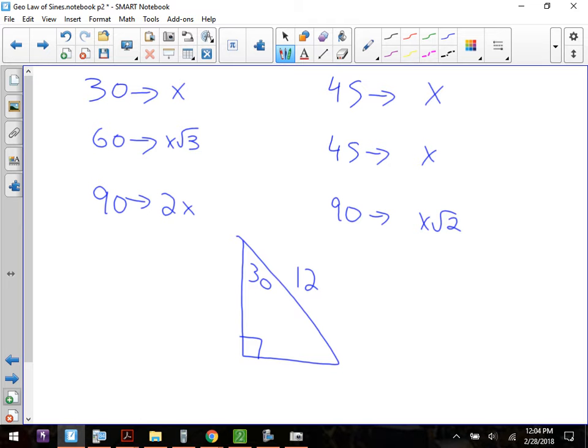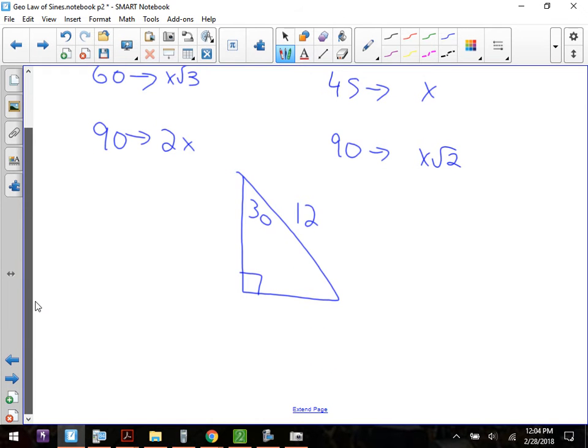Every single time that we did a problem like this, we always set up what I call that algebra jig. And we knew that across from the 90, it was looking at a value of how much in this triangle? 12. So I know that across from the 90, it's looking at a segment that is 2 times something. That 2 times something happens to equal 12.